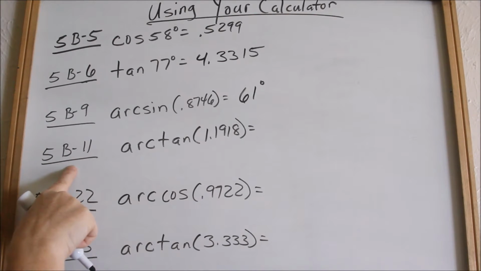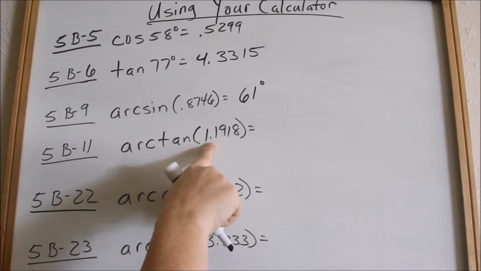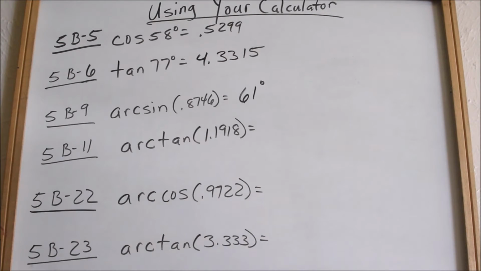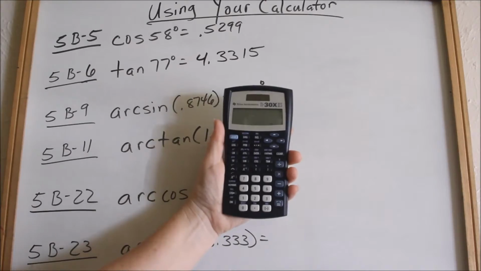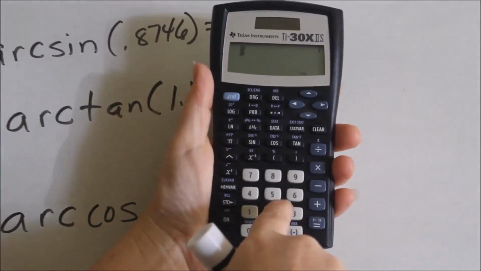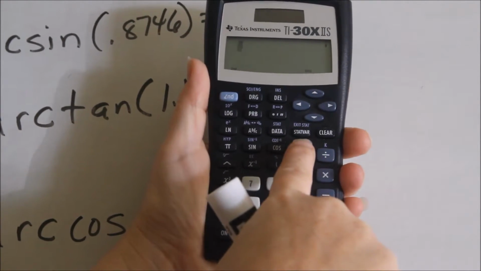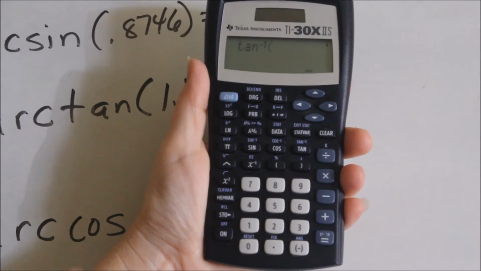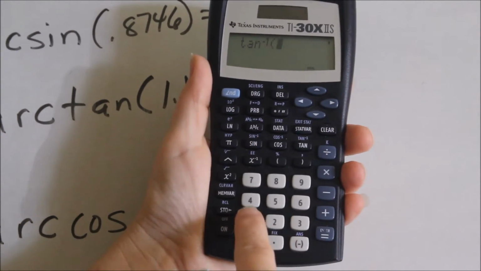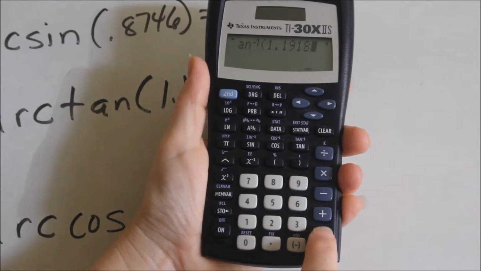Okay, looking at 5b11, we're doing arc tangent, or the inverse tangent, of 1.1918. Here's my tangent button. The inverse tangent is above that, which means I have to use the second button. So second, and then inverse of tangent, then 1.1918.